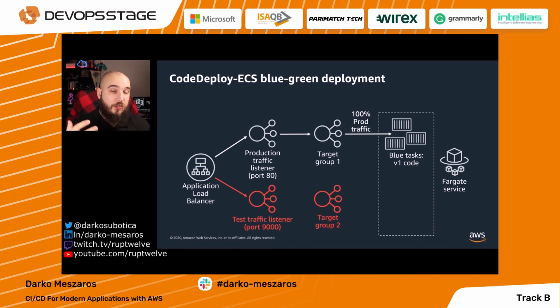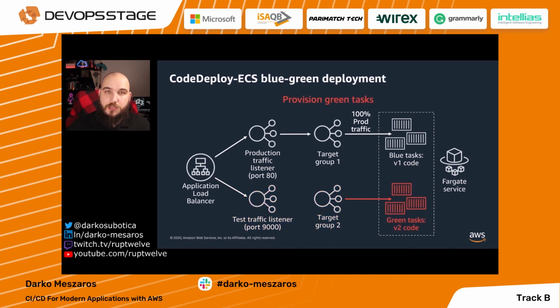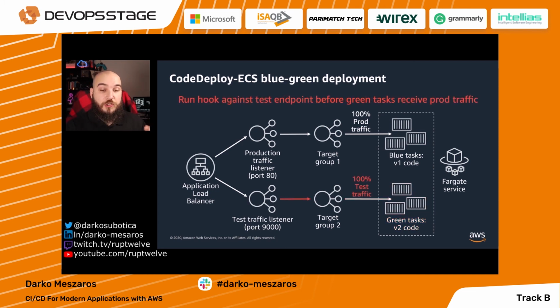It creates an additional listener on my load balancer and another target group, which provisions an additional set of containers, 5 or 3 or however many tasks I need, called green tasks, with the version 2 code. I pass not my production traffic, but my test traffic. I send my test traffic here just to make sure it works. With multiple different hooks, I can have people manually test this to see if it works.